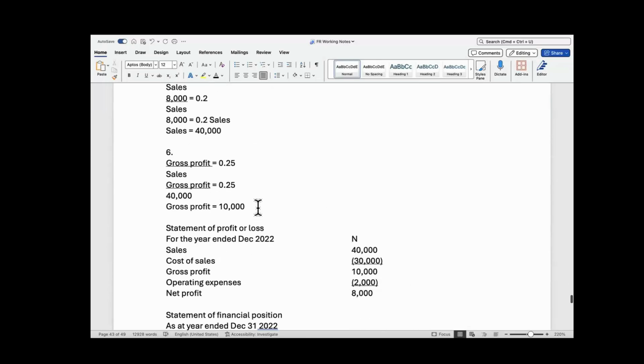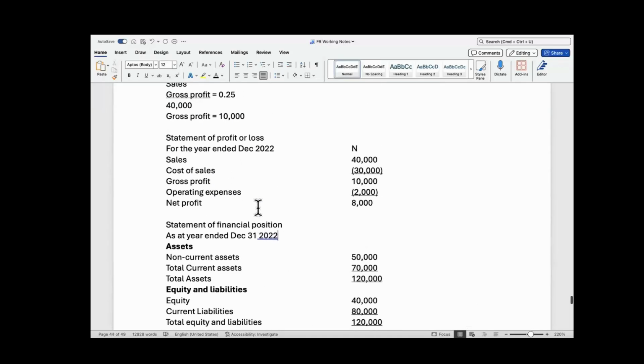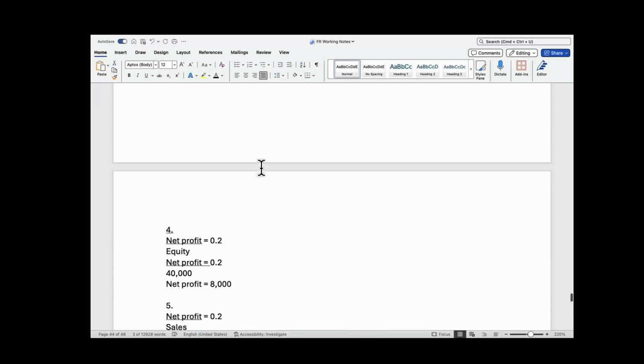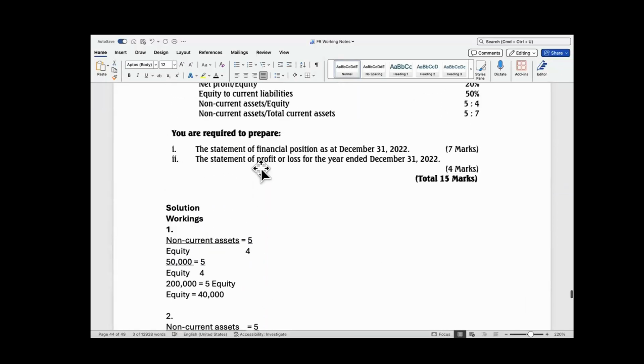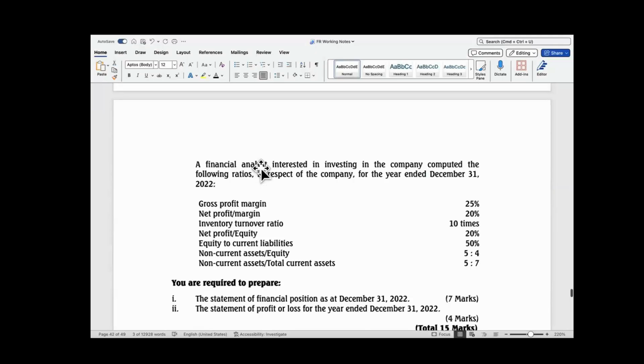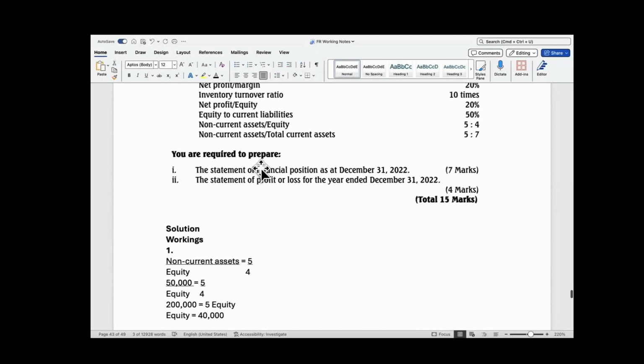Because with what I've done, I've been able to get all the key elements, since I could easily get my cost of sales as balancing figure since I have my gross profit. So why spend so much effort getting opening and closing? It doesn't really account to so much, so that's the reason why it is left out. So that's that for this question.